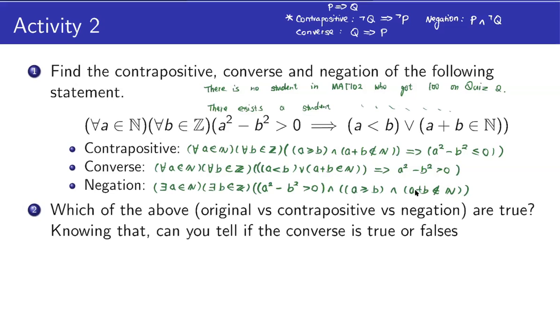Version A has 2 students got perfect, and version B has 5 students got perfect. So this is a false statement, and this is a true statement. Okay, number 2, which of the above are true? Original versus contrapositive versus negation. So which one is true?